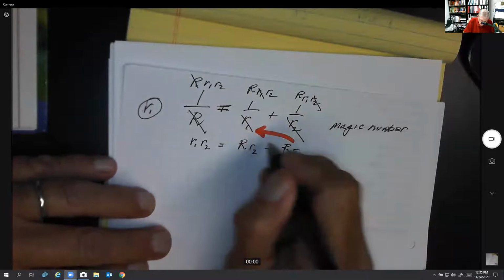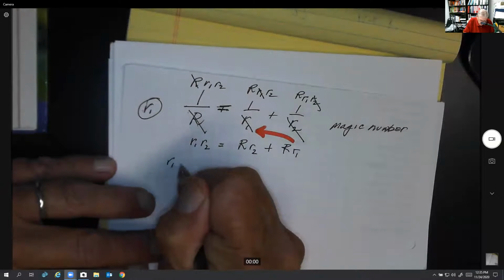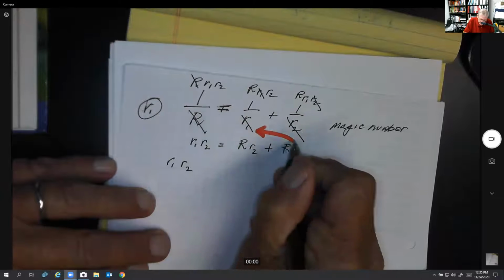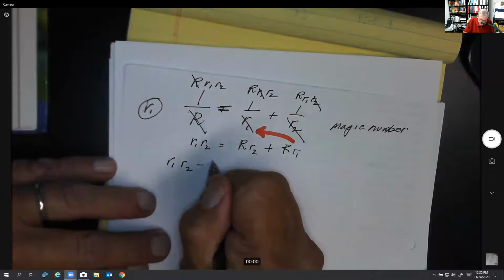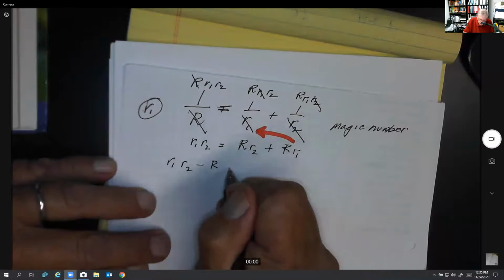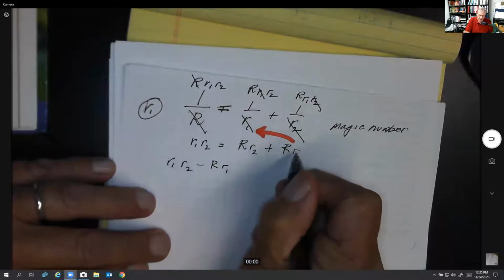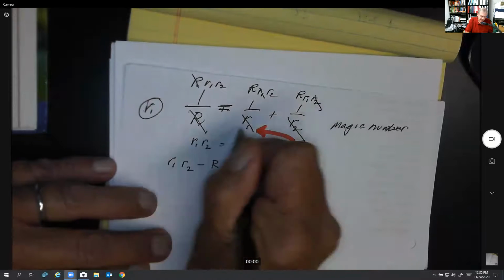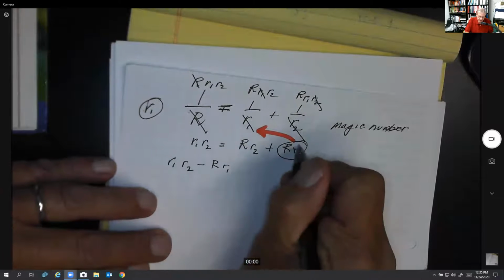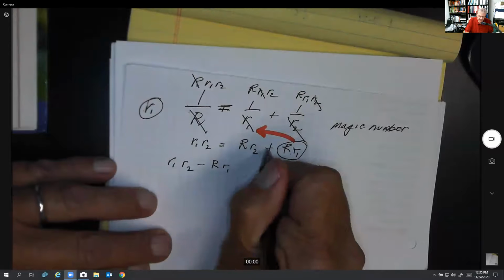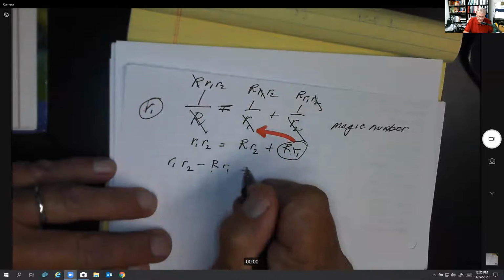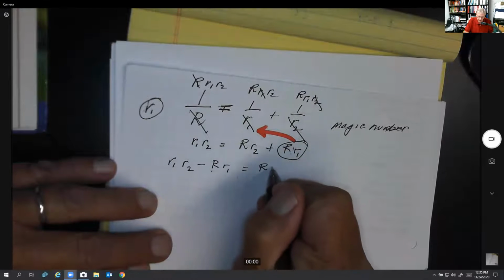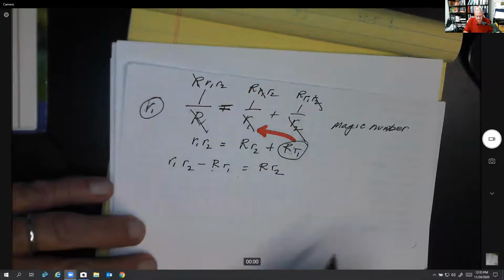So let's move this one over. We got R1, R2. Look at new buddies coming over, R1. Easy to get confused. Okay, we're moving this over here. And it became minus because we changed sides, changed signs. And on this, it's all by itself, R2.